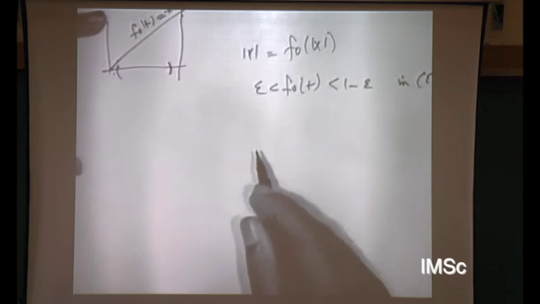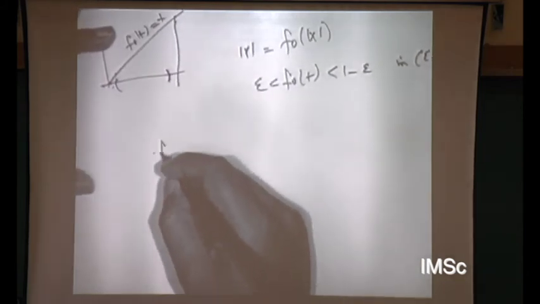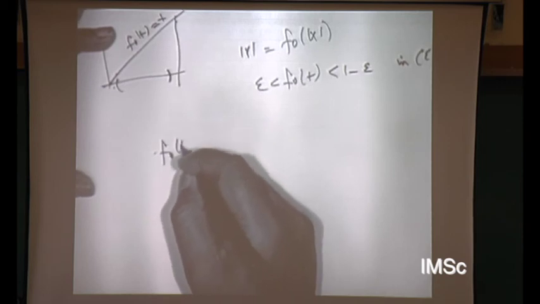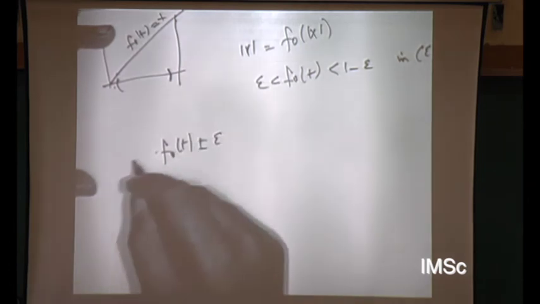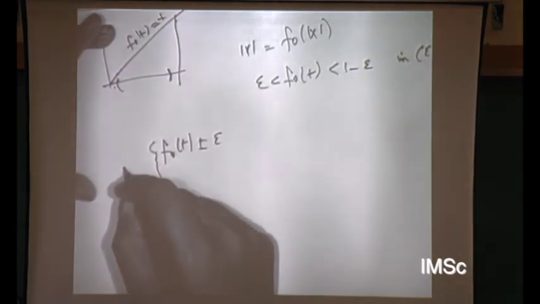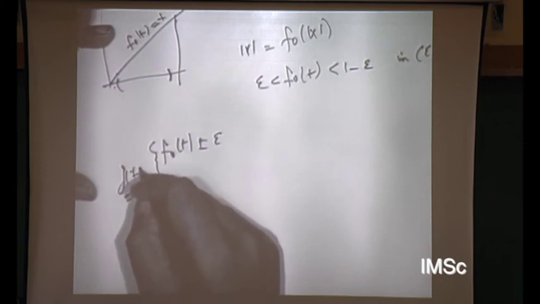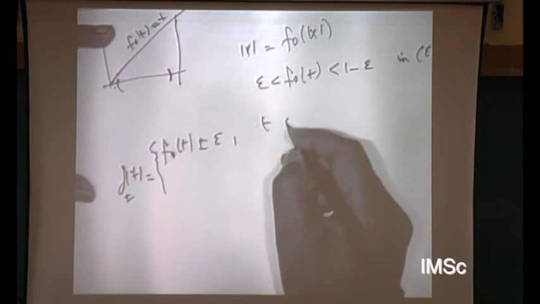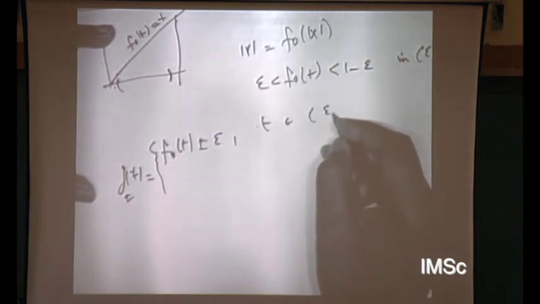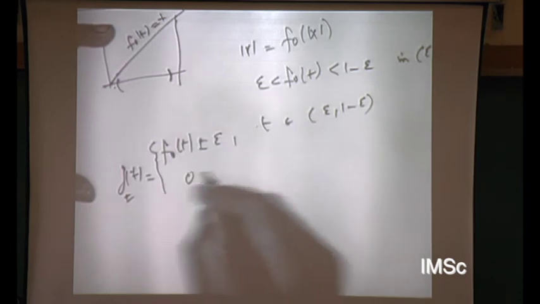So I can take a function f naught of t plus or minus epsilon. Look at the function g plus minus of t equals this for t in [epsilon, 1 minus epsilon], 0 otherwise.